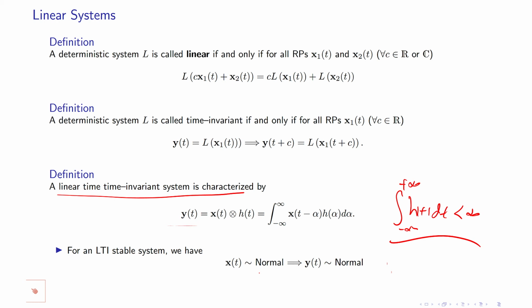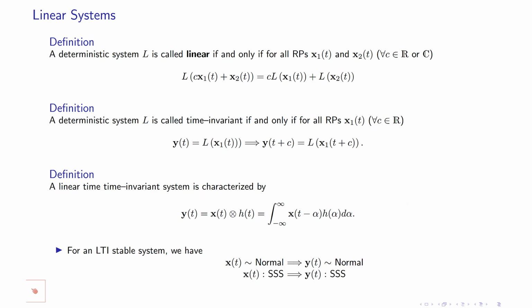For instance, if the input is wide-sense stationary and normal, the output also should be wide-sense stationary and normal. Moreover, if x(t) is strictly stationary, y(t) should also be strictly stationary.